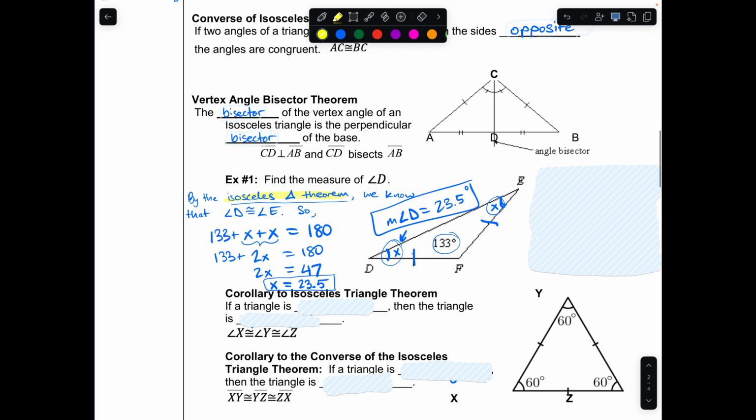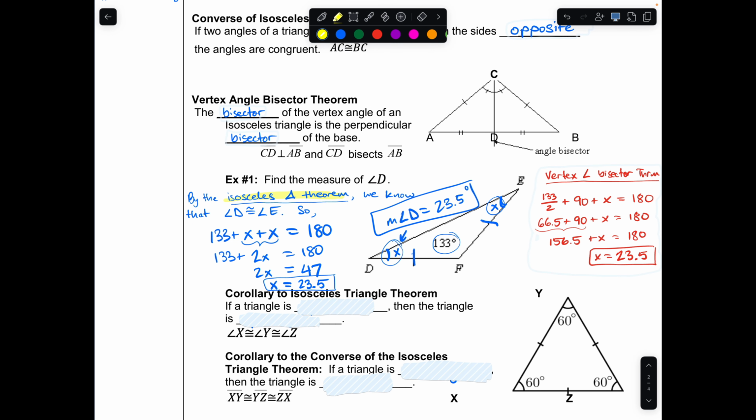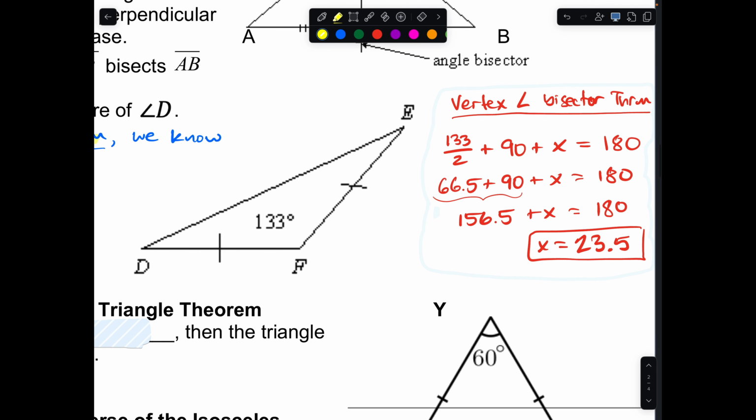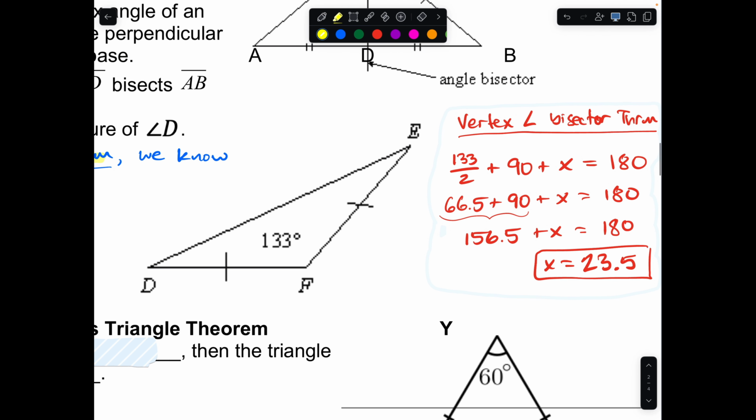However, you could have used the vertex angle bisector theorem. So I'm going to erase this picture in just a moment, so copy it down if you want, and rewind if you need to. But here's the picture again. I'm going to zoom in on this red part here. So we could have used the vertex angle bisector theorem.